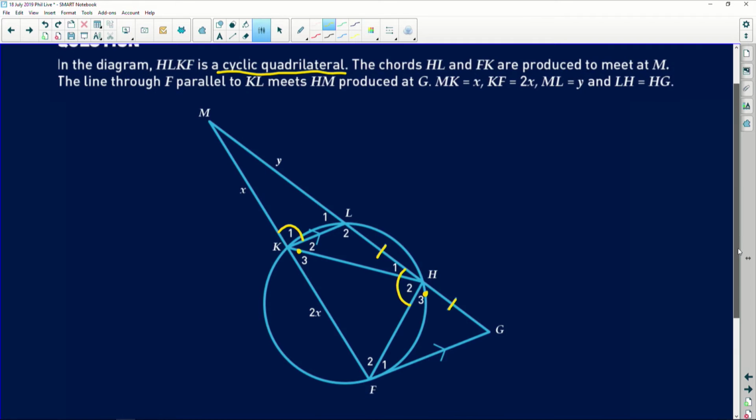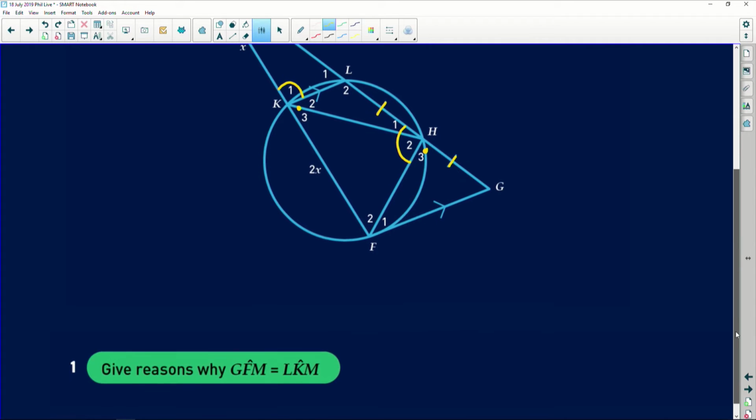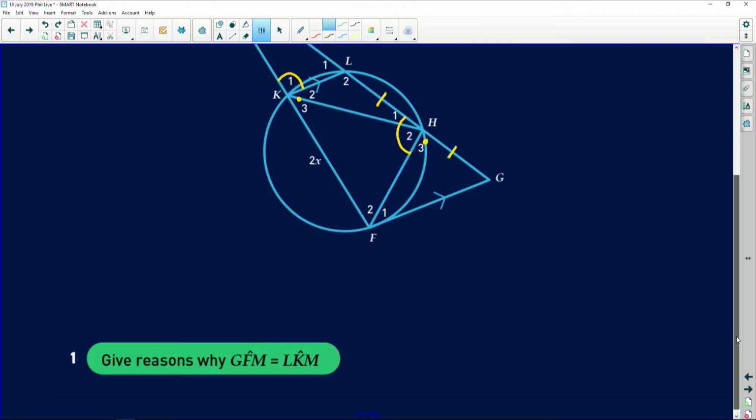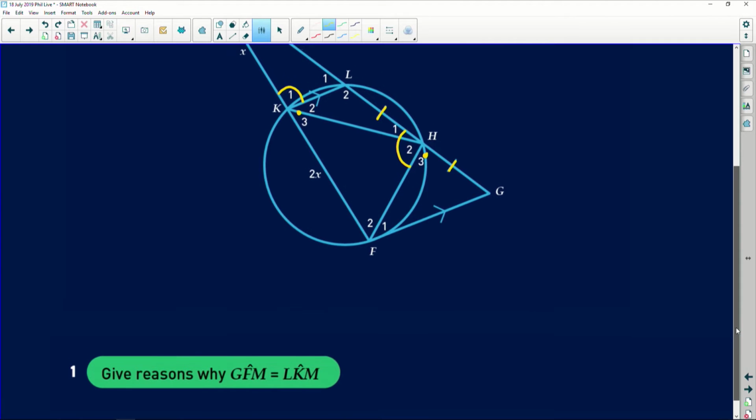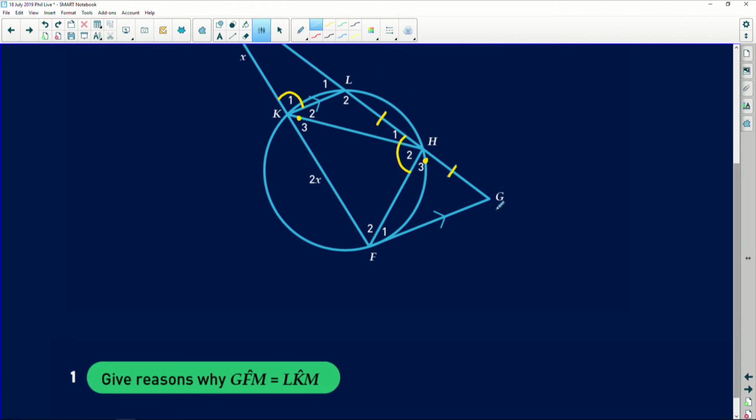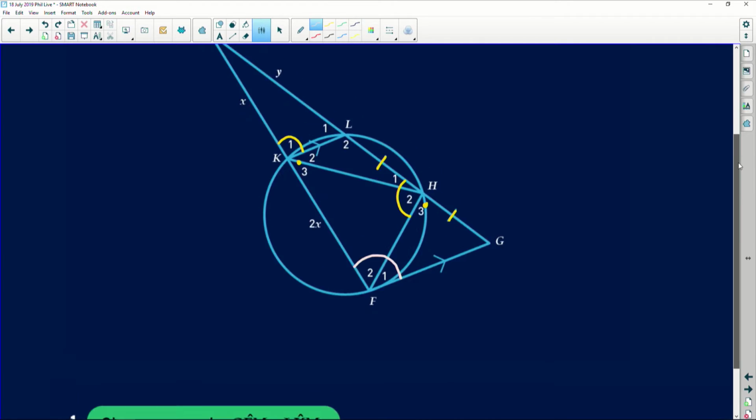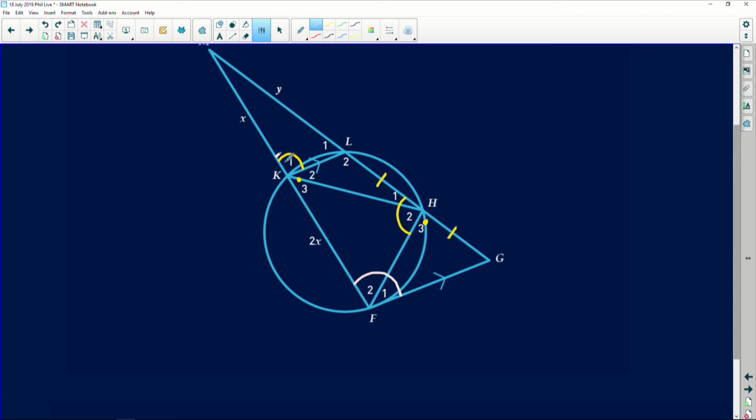Okay, so let's take a look at what we have to prove. Firstly, it says, give reasons why angle GFM, which is G, F, and M is all the way up there, so that's this angle here. Give reasons why that angle is equal to LKM, which is this K1 over here. Okay, so immediately you should recognize that you have parallel lines.